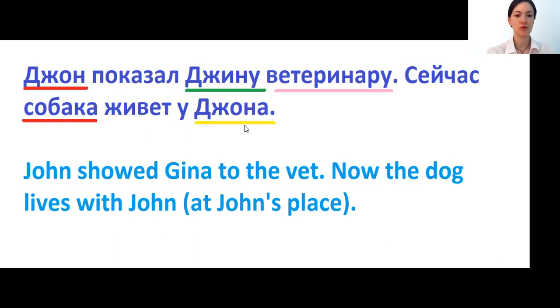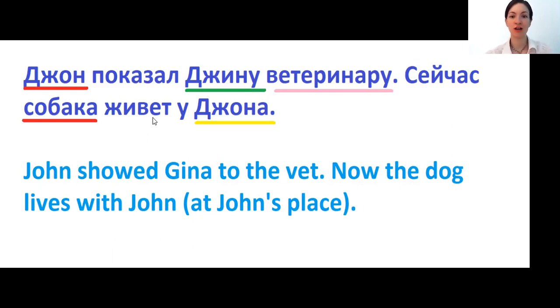Here we use the preposition u, and you already know that with this preposition we must use genitive case after it, right? But why do we say сейчас собака живет у Джона? It's about place, right? For example, if you say сейчас собака живет в квартире, she lives in an apartment, you use prepositional case, right? Why here do we use u and genitive?